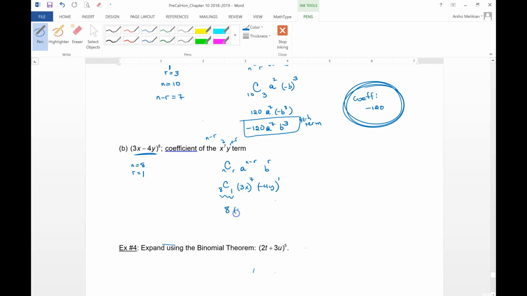Then I have 3 to the power of 7, so you have to take all of it. It's not just the 8 that you're looking for. You can't take that shortcut. Times negative 4, and then I have x to the 7y. When you plug all of these numbers into the calculator, it's negative 69984. That's the coefficient. Do you see how you did in fact end up with the x to the 7th, y to the first term? Okay, so that's how you do it.